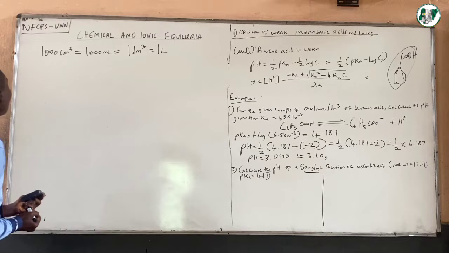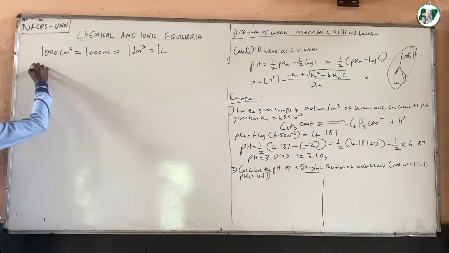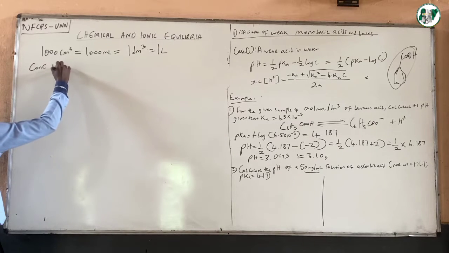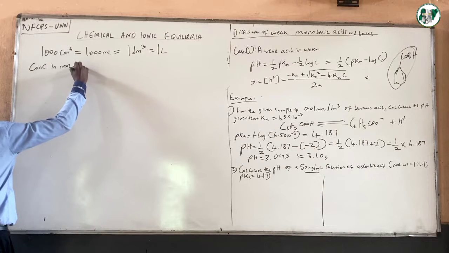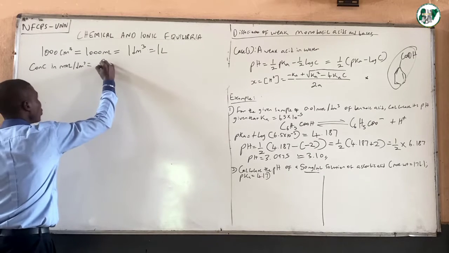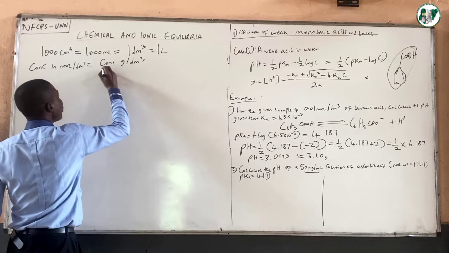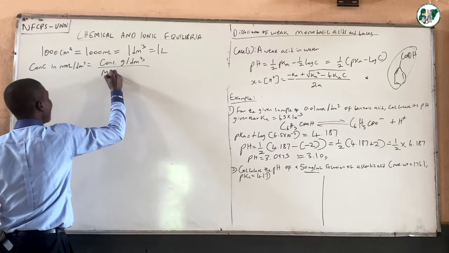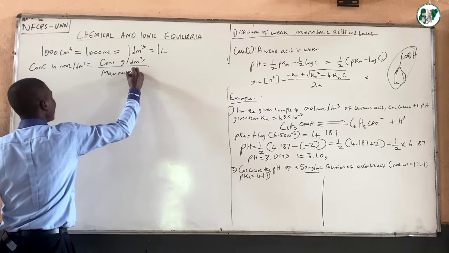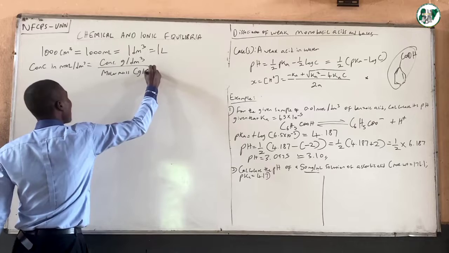Another formula that is very important for you to note is that concentration in mole per dm cube is equal to concentration in gram per dm cube over the molar mass, which is given in gram per mole.